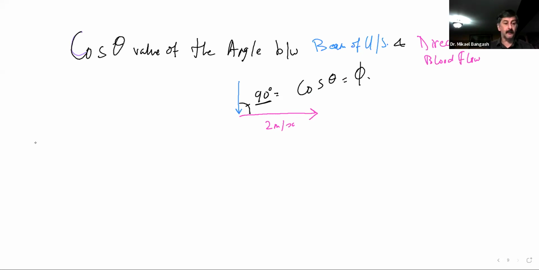You have a transducer with a certain frequency. Clear? Okay. So all that is going to be multiplied by 0.